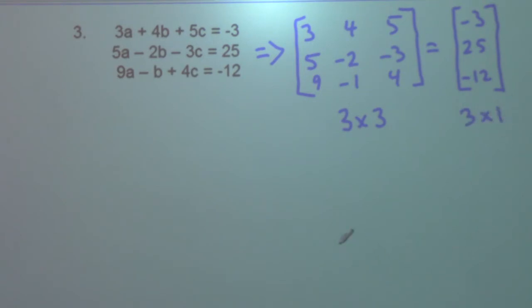What we're going to do is get this into a single, what we call an augmented matrix. We just smash these two matrices together.